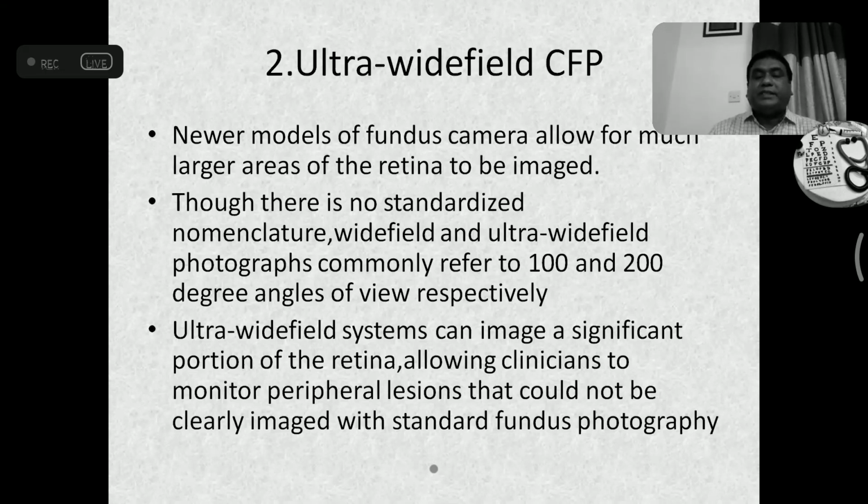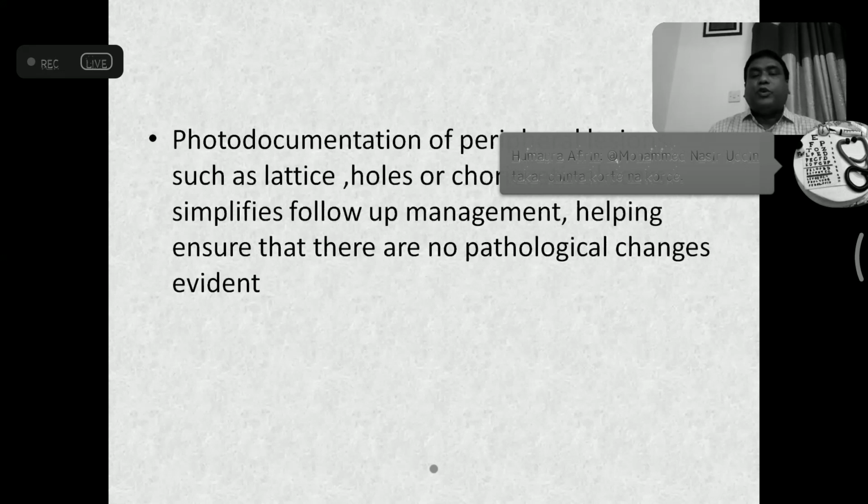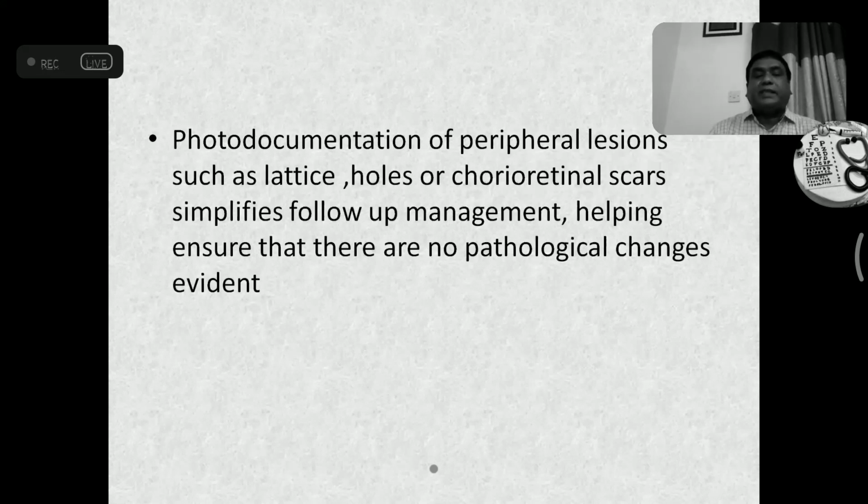Ultra wide field systems can image significant portions of the retina, allowing clinicians to monitor peripheral lesions that could not be clearly imaged with standard fundus photography. Photo documentation of peripheral lesions such as lattice degeneration, holes, or retinal scars simplifies follow-up management, helping ensure that there are no pathological changes in evidence.